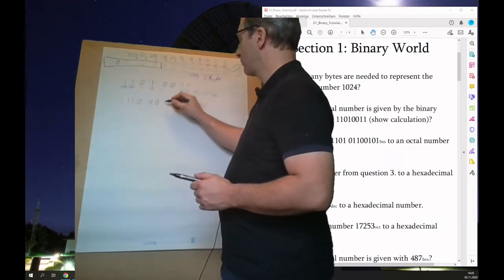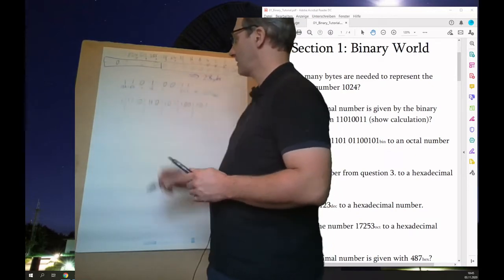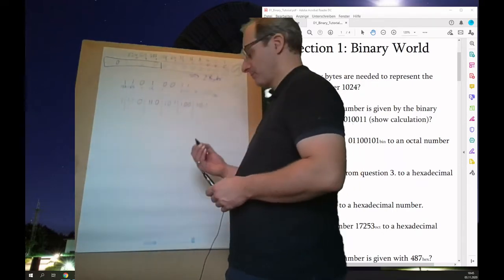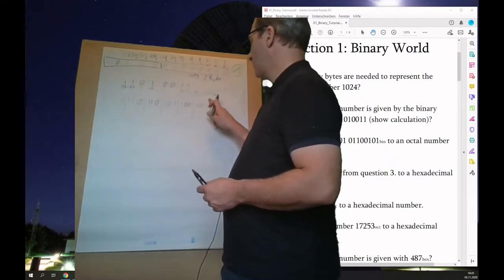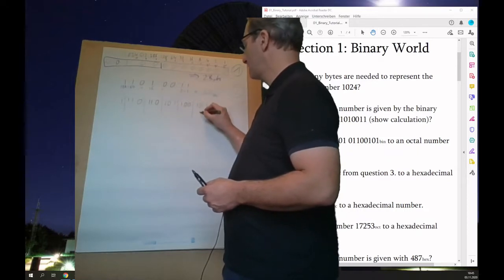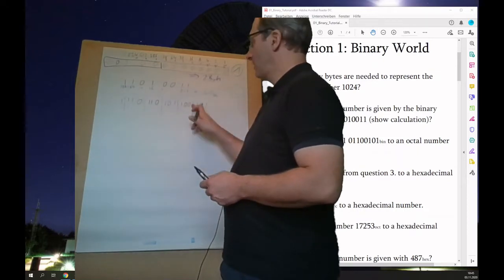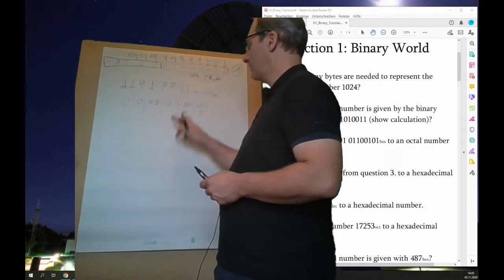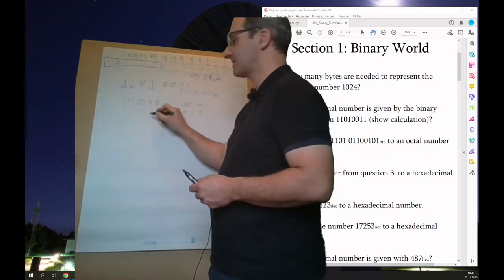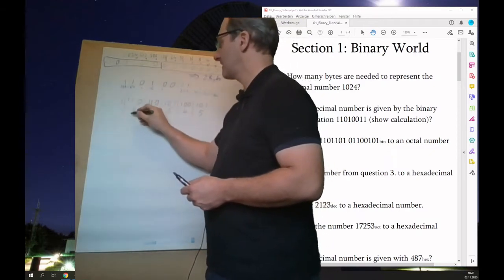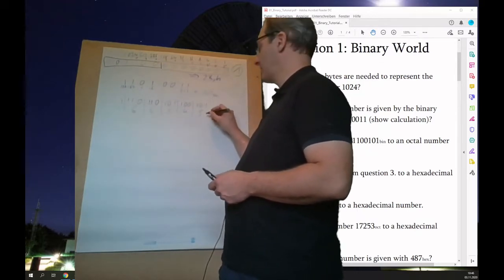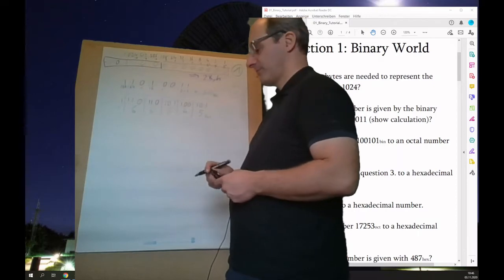So we make groups of 3 bits and convert each to the corresponding decimal number. So in this case, we have 1 plus 4, so 1, 2, 4. 1 plus 4 is 5. Here we have 4. Here we have 5. Here we have 2 plus 4, which is 6. The same here, 6. And we have 1. And this is already the resulting octal number.